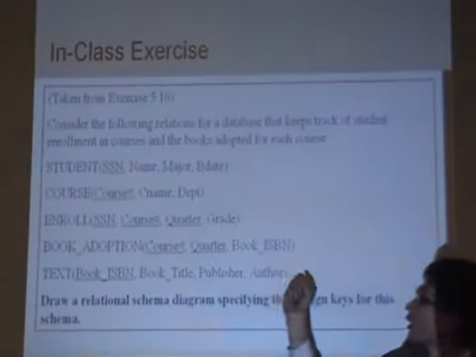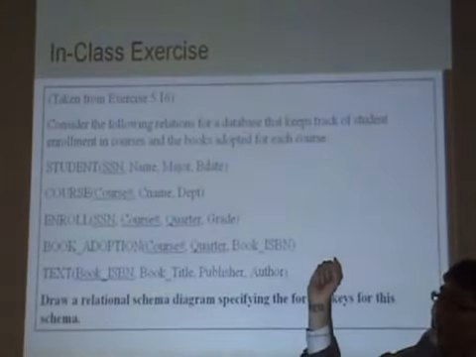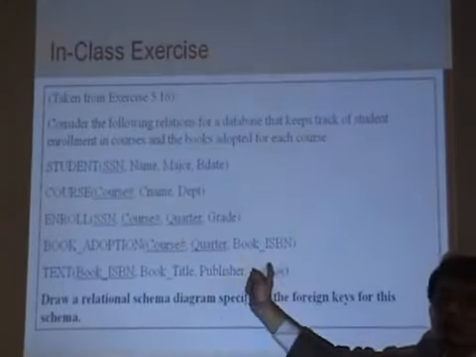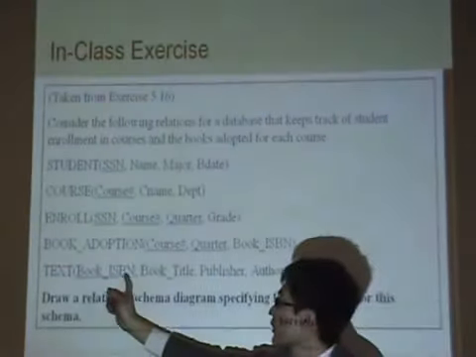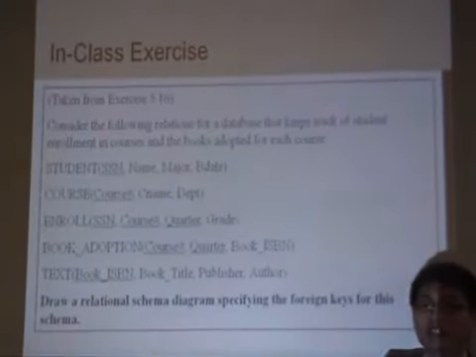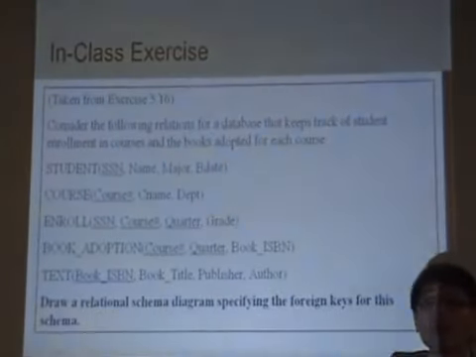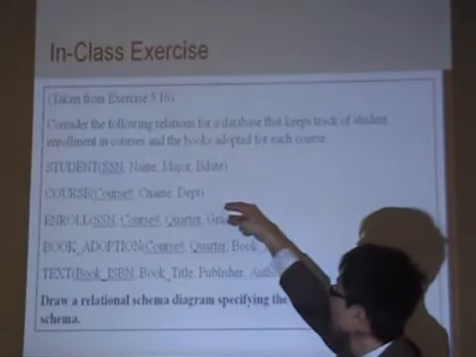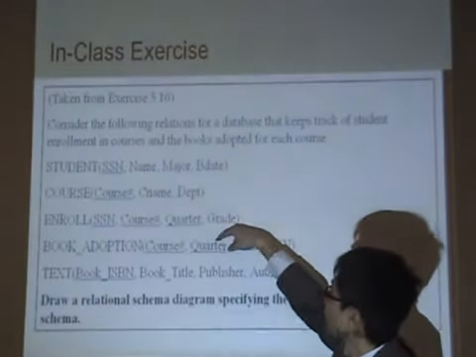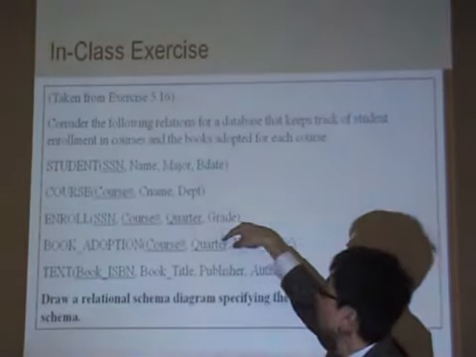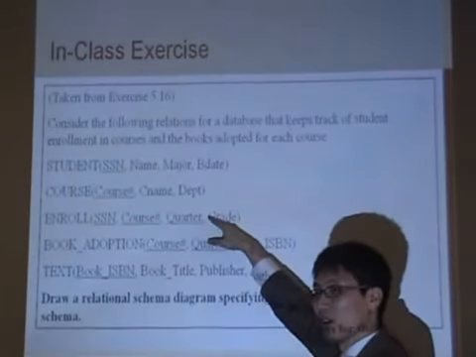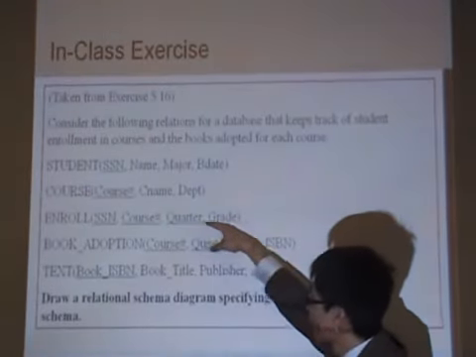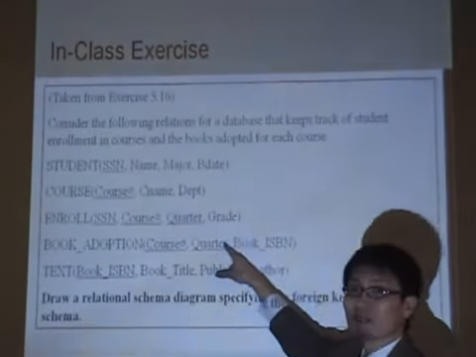From book adoption to book ISBN in text. Are they all? Quarter in the book, quarter in book and book adoption, to quarter in enroll, or quarter in enroll to book adoption.